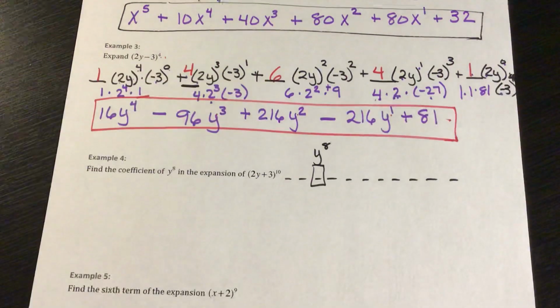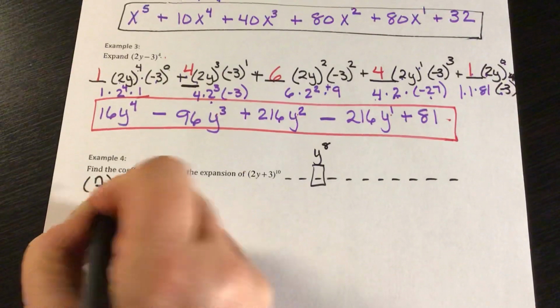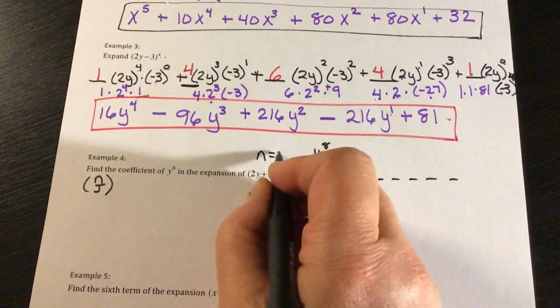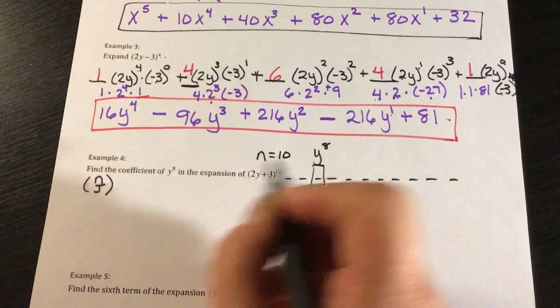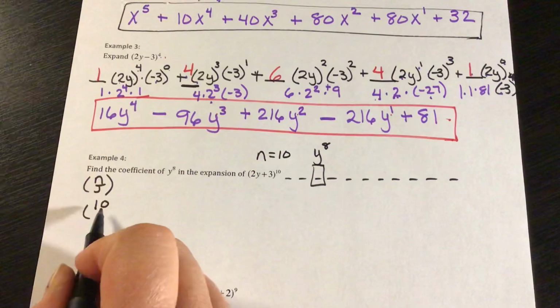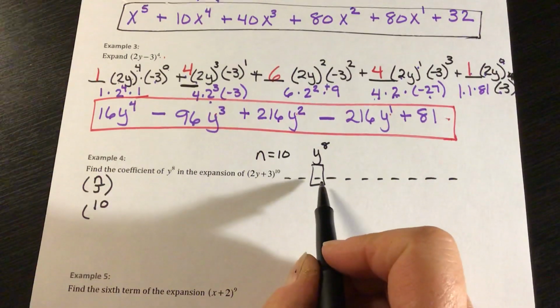So I need to figure out what n and j are. Now I know my number is the same as my exponent, so my number is 10. And I need to know what I'm choosing. And here I'm in the third spot.